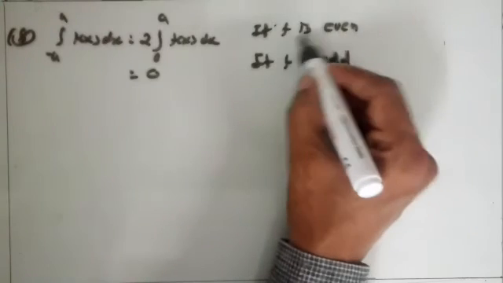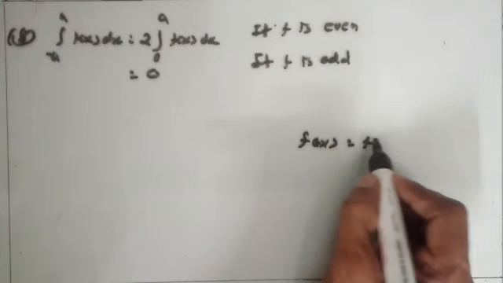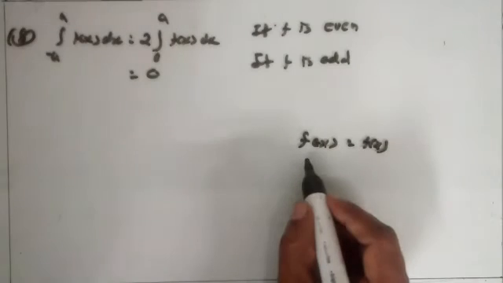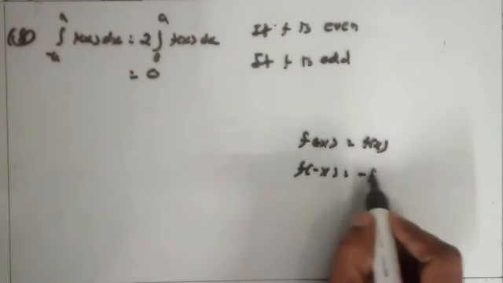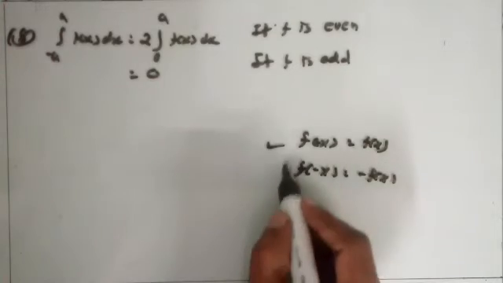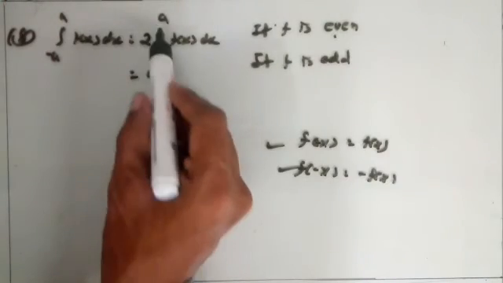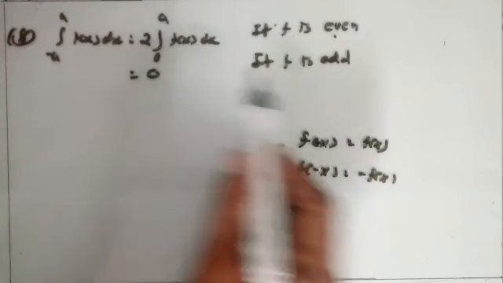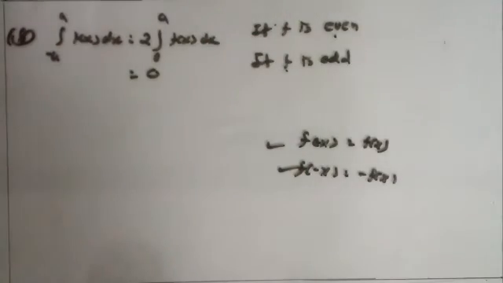You know that if f is even, then f(minus x) is equal to f(x), and if f is odd, then f(minus x) is equal to minus f(x). Okay, so remember this, if a function is even, then 2 times 0 to a f(x) dx, and if f is odd, then it becomes 0. Now here we solve some questions of exercise 7.11.